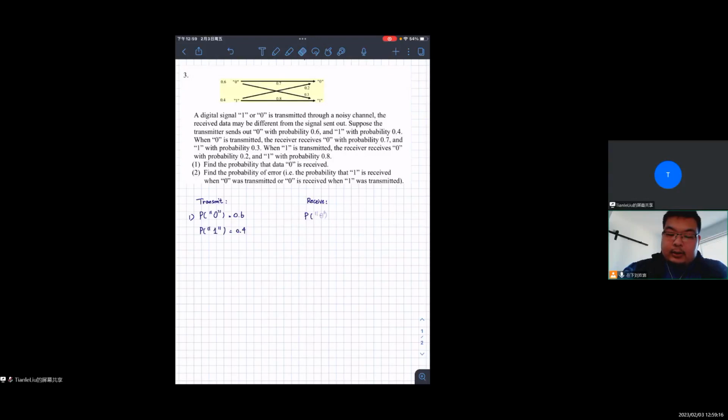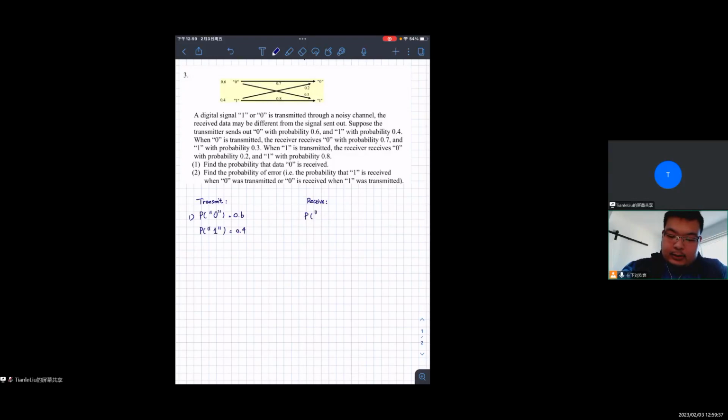based on the transmit message. That is, from transmit 0 to 0 and transmit 1 to 0, both are combined to give the probability of the receive message.